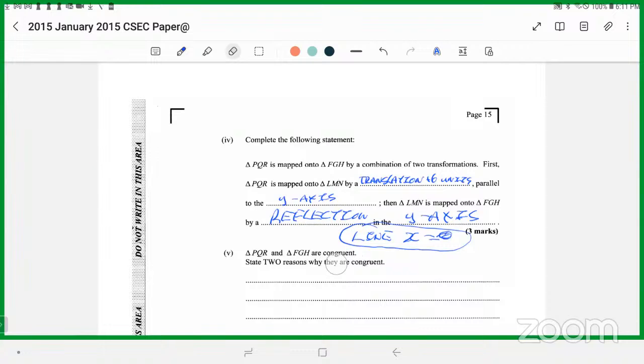Congruent shapes are equal in every way. State 2 reasons why they are congruent. Equal angles. The angles are equal, and the lengths of the sides are equal.